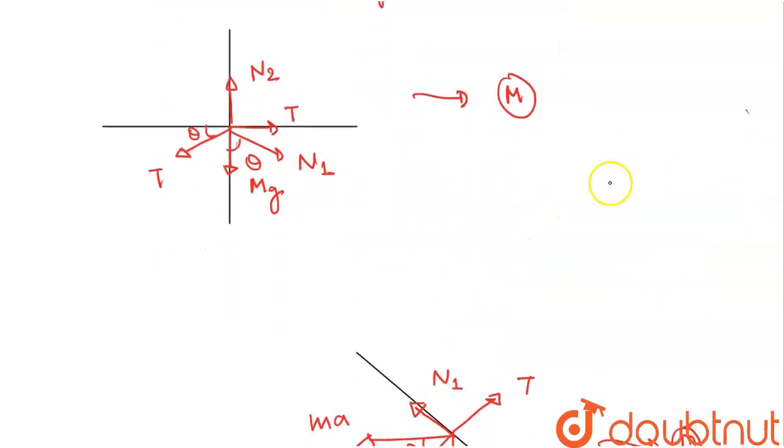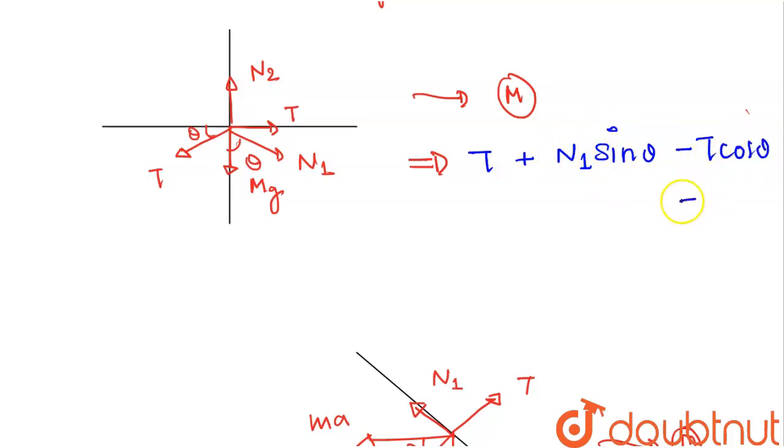Now we will be writing the equation for capital M. For capital M it will be T plus N1 sin theta minus T cos theta is equal to capital M into a. Let's take this as equation 1.